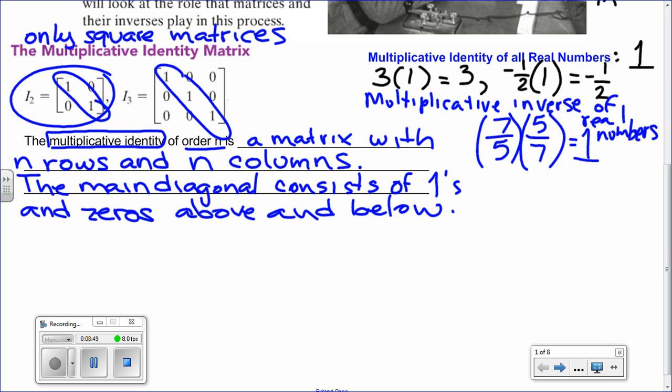So we have an identity of order 2, a 2 by 2, an identity of order 3, 3 by 3, that's what you see there.